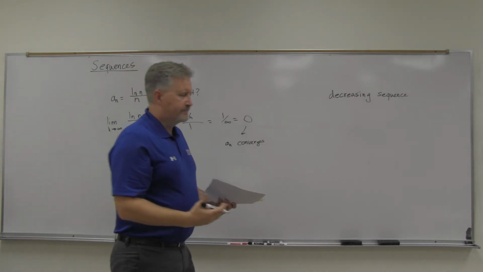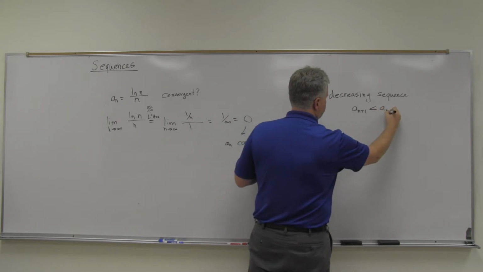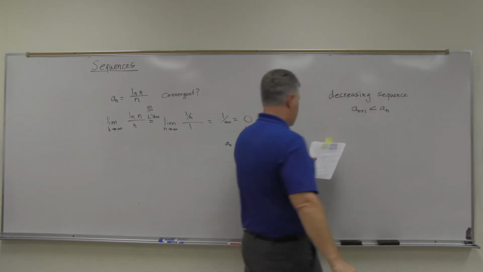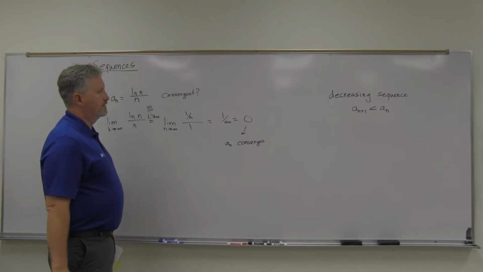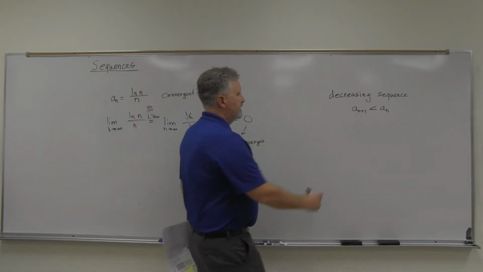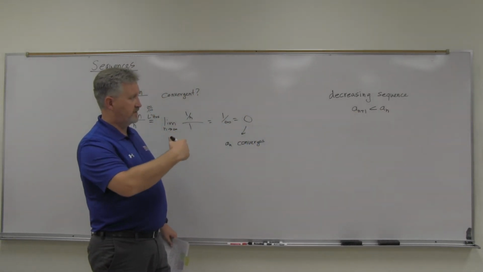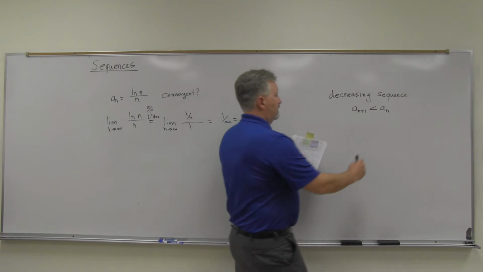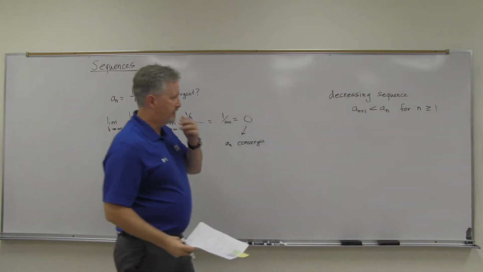To put it into something to check, I guess, if you will: a sub n plus 1 is less than a sub n. The term after a sub n is the a sub n plus 1 term, and so it's less than the a sub n term. If it's decreasing for everything, it could be for n greater than or equal to 1.